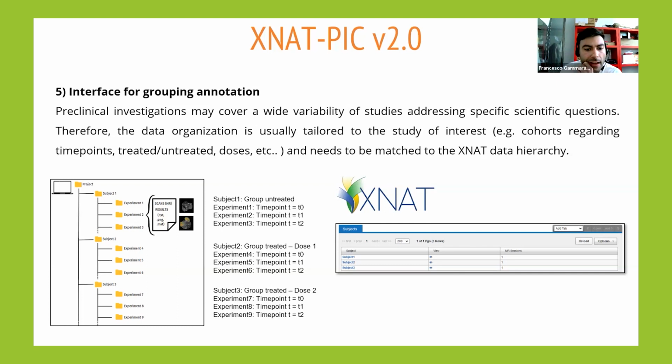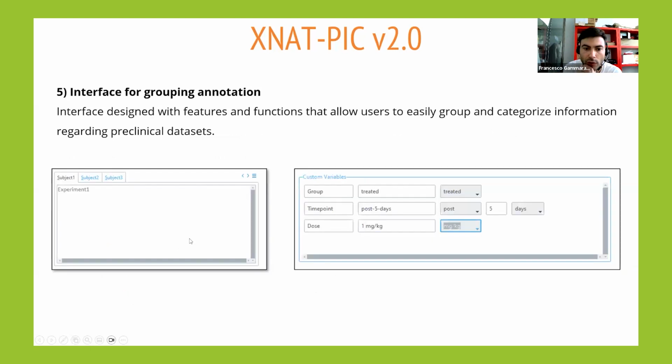So we can have a group treated and untreated, and we also have different time points and different doses. And the folder structure on the left shows you this grouping. And if we upload this project to XNAT, we cannot see the custom variables.